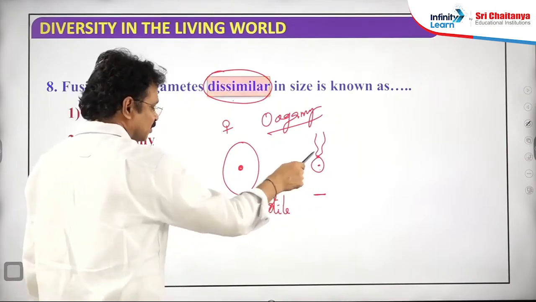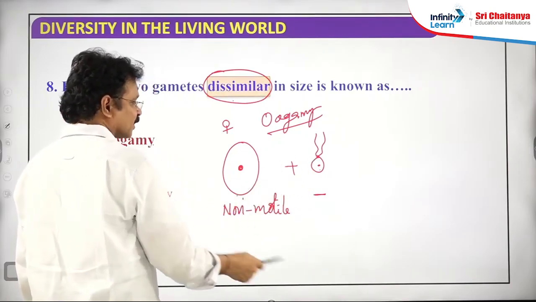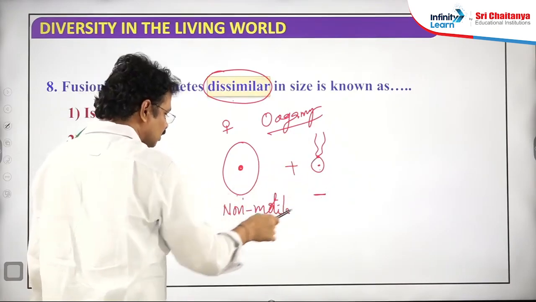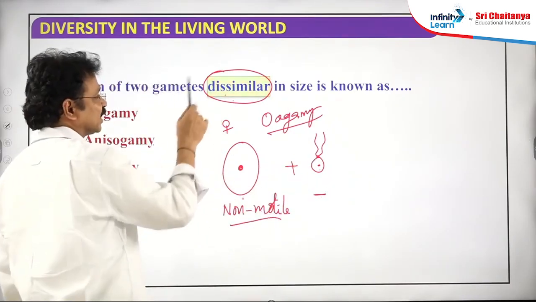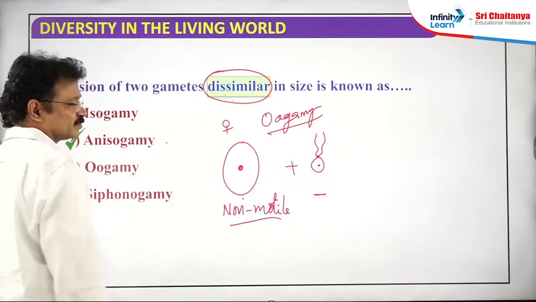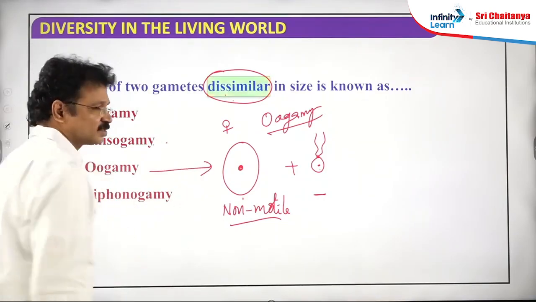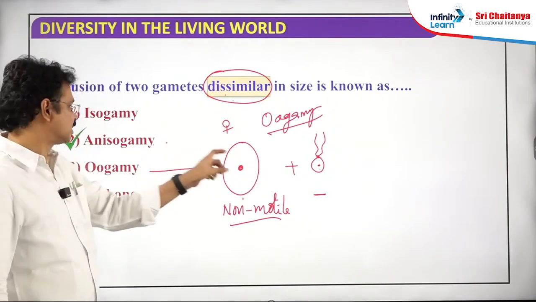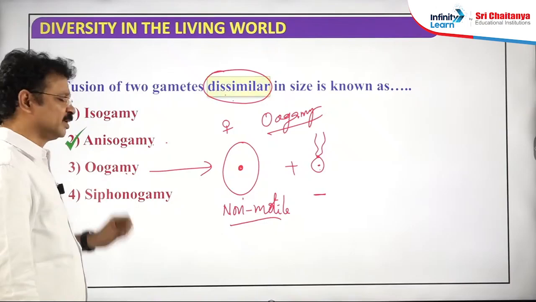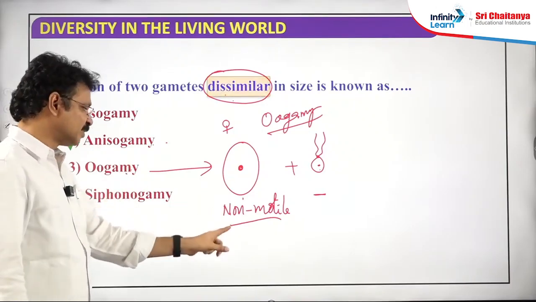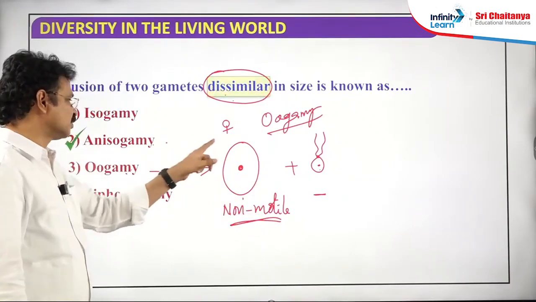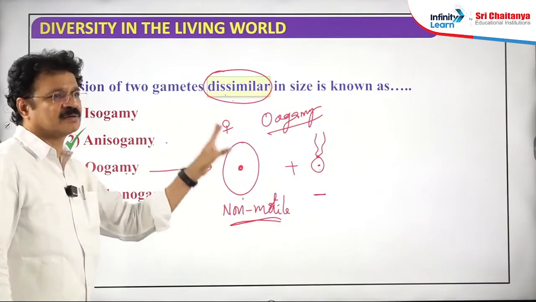If the male gamete is motile, the female is non-motile; if the male gamete is non-motile, the female gamete should be motile in the anisogamous condition. A slight variation is there between anisogamy and oogamy. In oogamy, the female gamete is always non-motile. In anisogamy, the female gamete may or may not be motile.